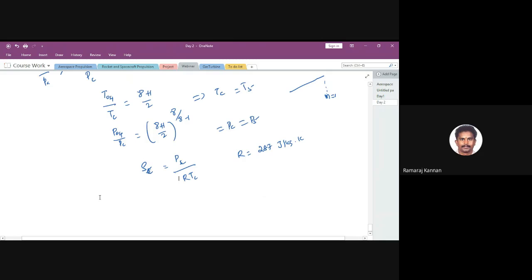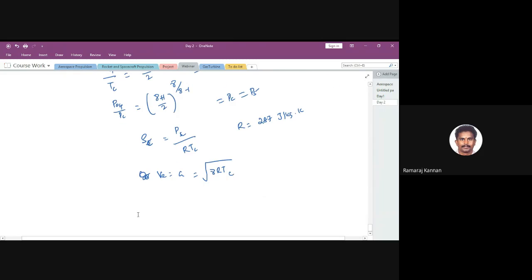Also at the critical condition, your exit velocity VE is going to be equal to A, because M is equal to 1, so square root of gamma R TC. You know TC, so you can calculate that. Now you can calculate the mass flow rate, which is rho C, A star and VE.